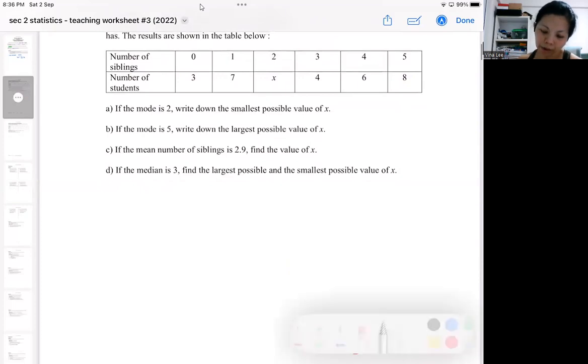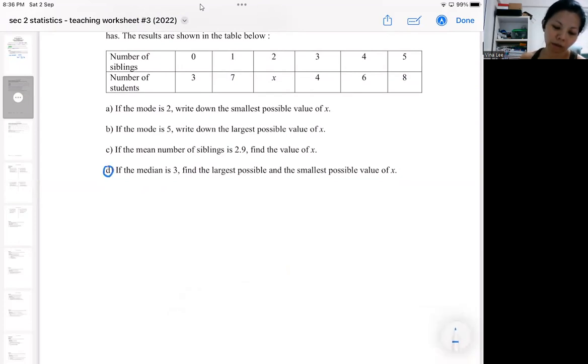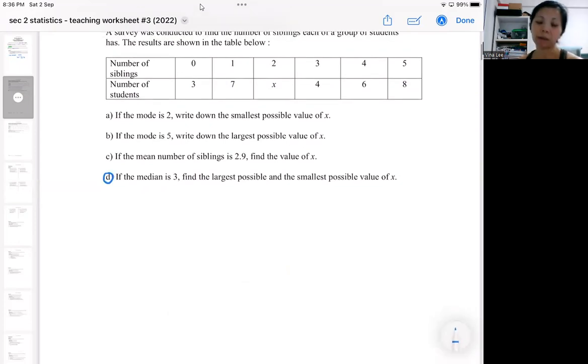The most difficult part is the median. Most people cannot work backwards for the median. They will forget about this part, so this one I usually have to draw out. In this question, the median is 3. When the median is 3, you look at the median.